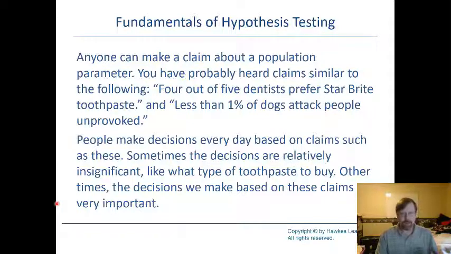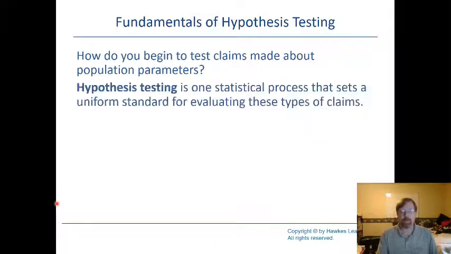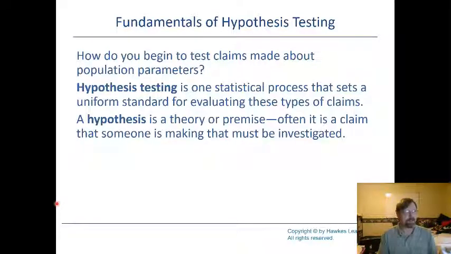The real question here is, how do we actually test these population parameters that we're presented with, if our job is actually testing those claims. Hypothesis testing is a process we use for doing this. A hypothesis is a theory or claim that someone is making that has to be investigated.